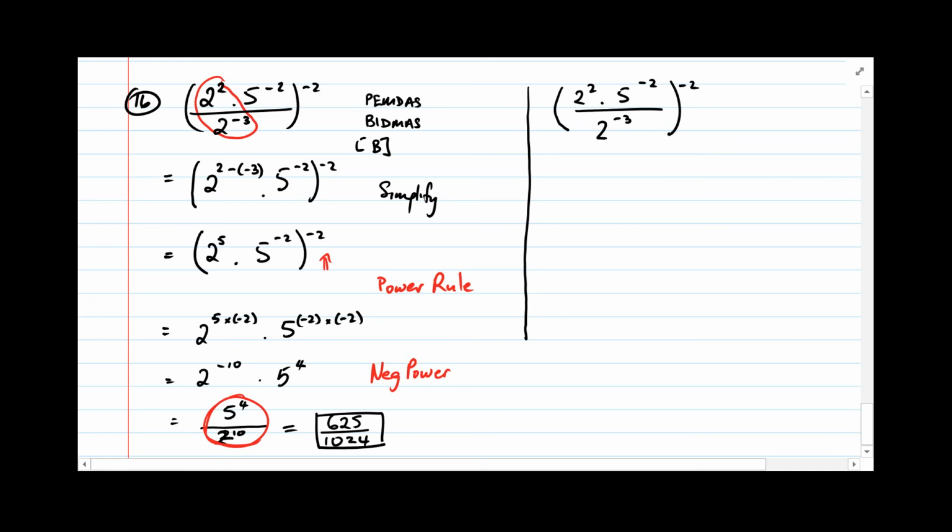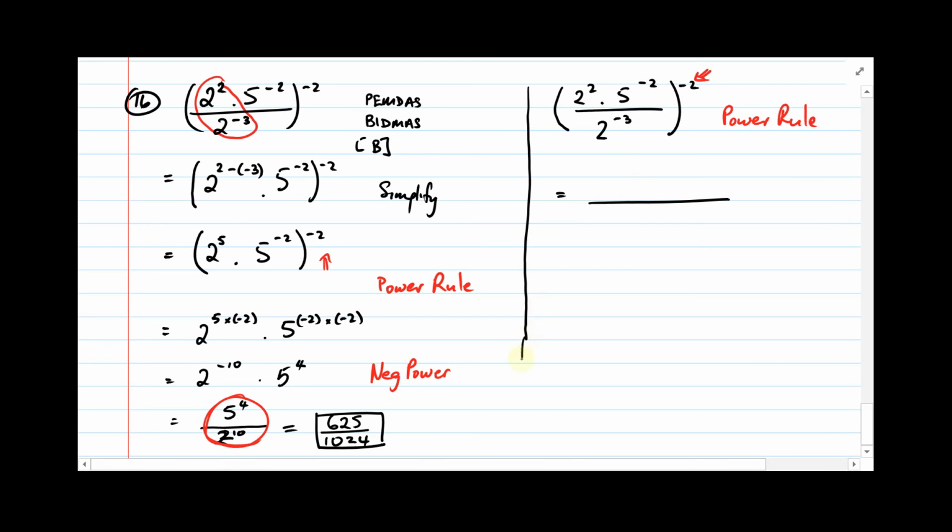Now, I've shown what would be our preferred way of doing this problem because we have followed the order of operations. But we again would not penalize you if you had proceeded by using the power of powers out here, applying the power rule.